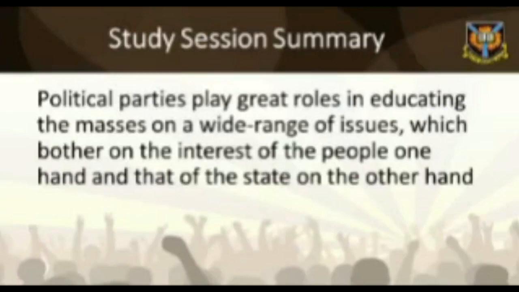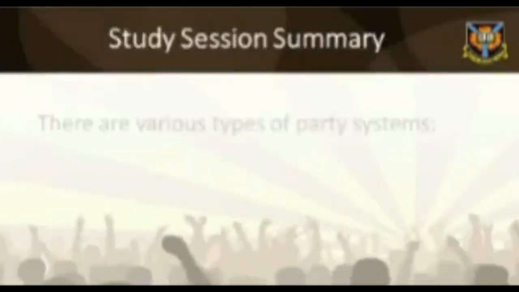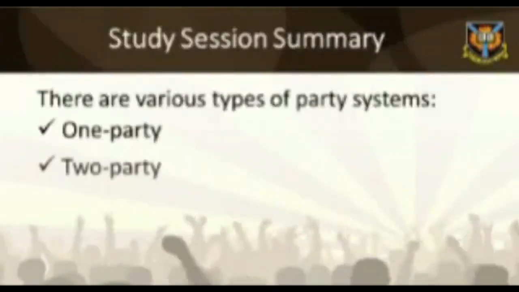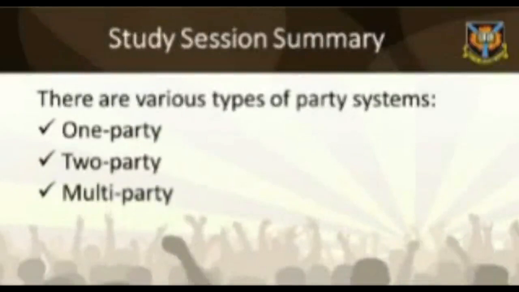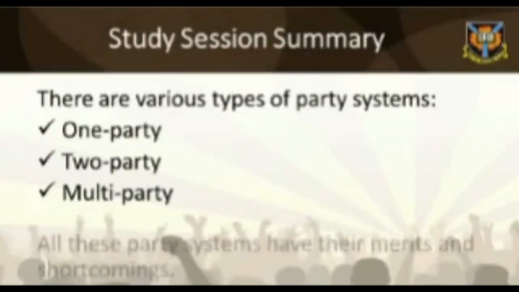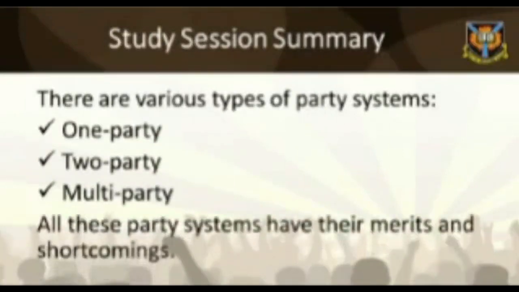This is aimed at sensitizing the masses on the need to be alert and resist any attempt of government to abuse their natural rights. There are various types of party systems: one party, two-party, and multi-party systems. All these party systems have their merits and shortcomings.